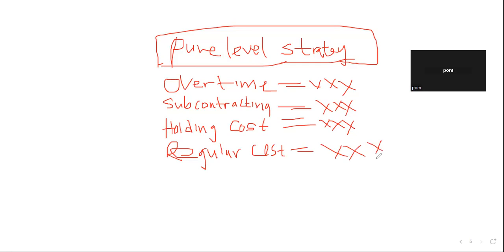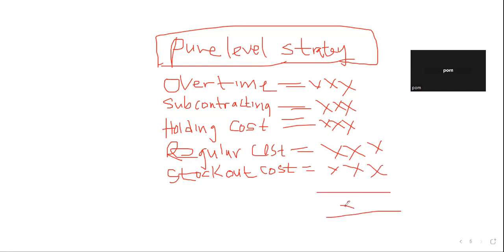Of course, we may also have the stock out cost, the cost of losing business when those constant workers cannot produce to meet demand. You just tell the customers to go and look elsewhere. So that is the cost of losing business. All these are the costs that you find as we look at the pure level strategy.